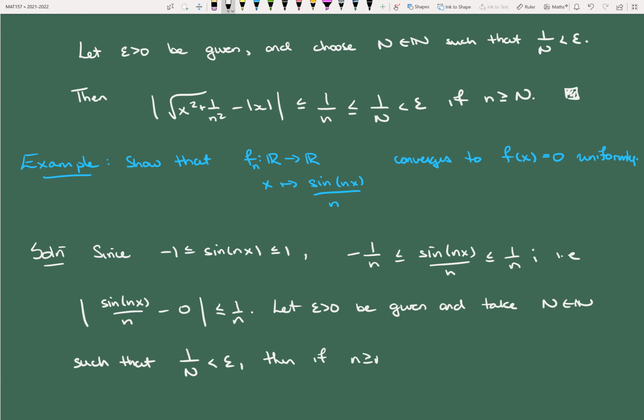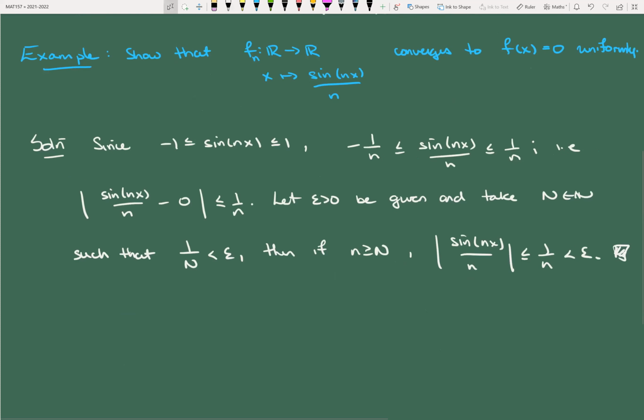Then if n is greater than or equal to N, sine nx over n is less than or equal to 1 over n, less than epsilon, right? And the choice of N there doesn't depend on x at all. So again, it's uniform. And again, look at this: what we note here is that the derivatives are, again, not well behaved.